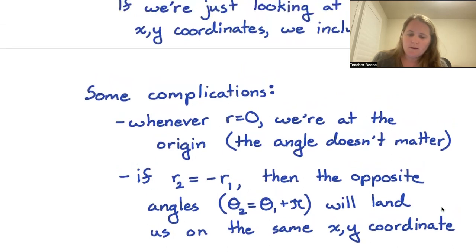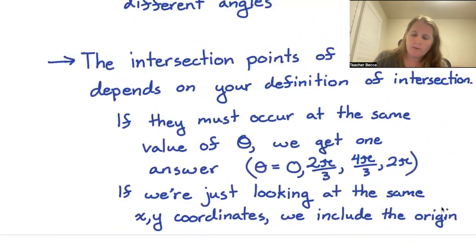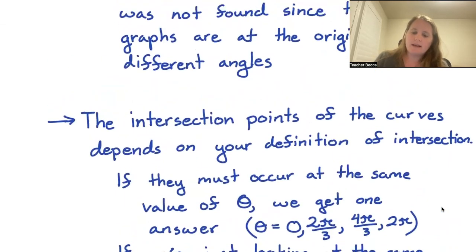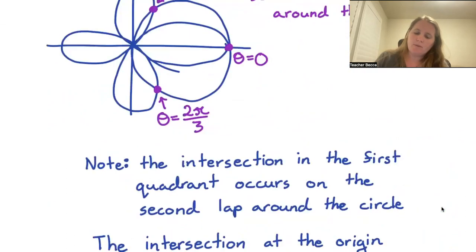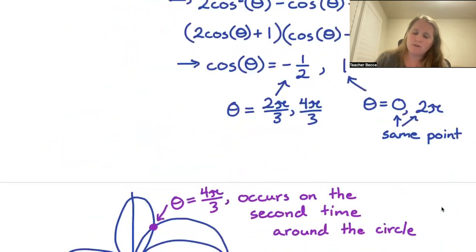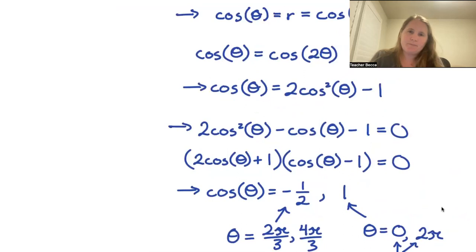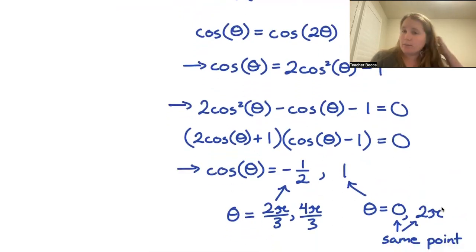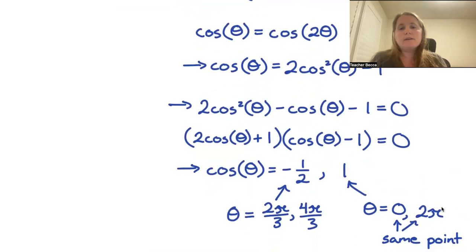So this is the basics. We found where they crossed at a specific angle theta simply by setting the two functions equal to each other. Next week, we will look into calculus, and then it will definitely make a difference whether we're talking about just intersecting XY coordinates or intersecting at the same r theta.